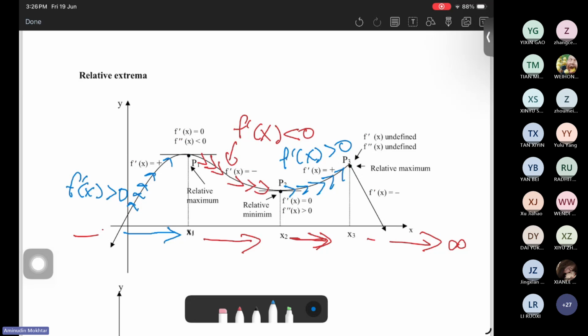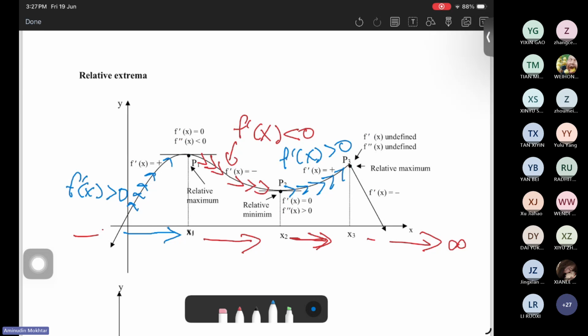We can determine the sign of the first derivative, whether positive or negative, by using only the concept of differentiation. We just need to determine the value of x, and then we can find whether the function is increasing or decreasing. When the function is increasing, the slope of the tangent line is positive, so the value of the first derivative is positive.